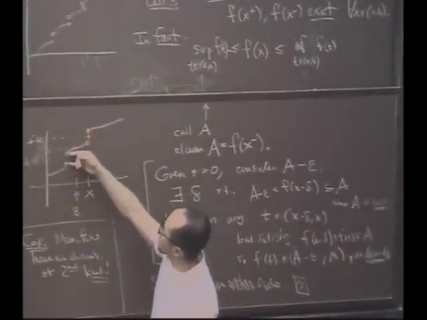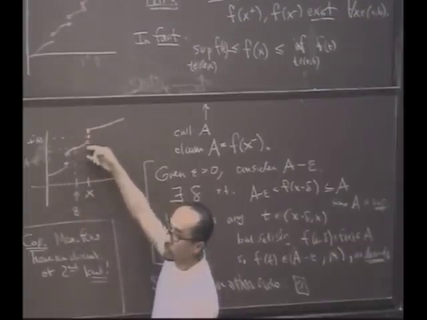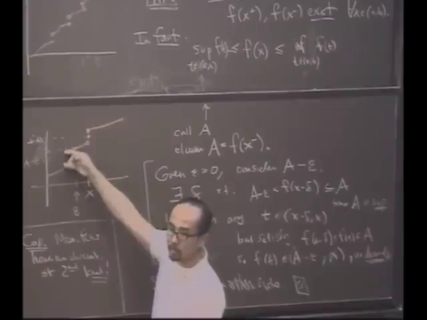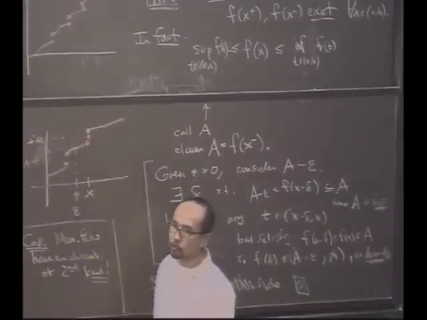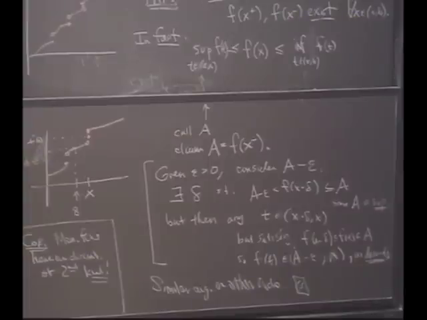Excellent. So basically here, every discontinuity has a gap. Those gaps are intervals. Those intervals are all disjoint because this is monotonic. So you could pick a rational in every interval and associate a rational in every interval, and that would show that there can't be, it's the same proof, there can't be uncountably many disjoint intervals in R.